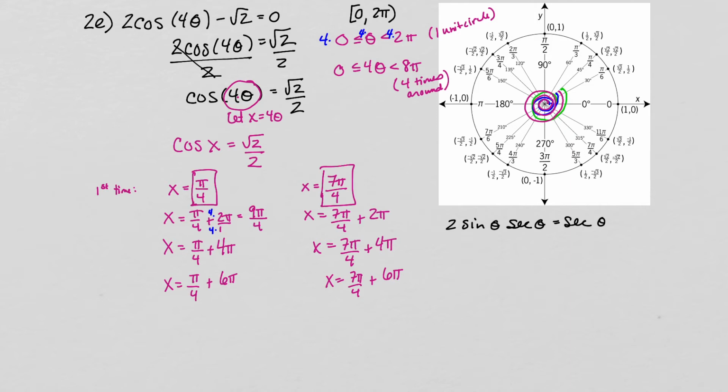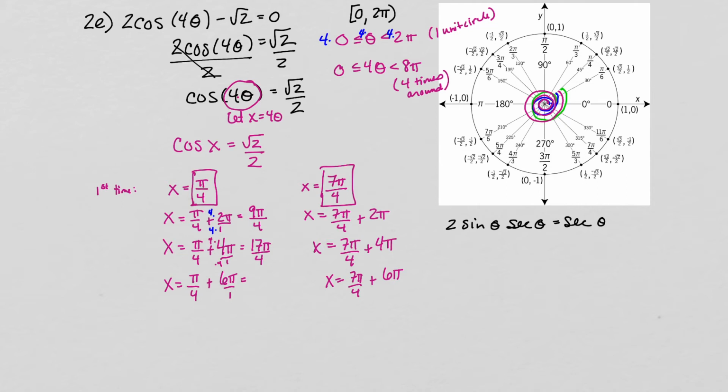And if you work out these other ones, you would get 17 pi over 4. I got the 17 pi over 4 by saying this is over 1, so times 4 on the bottom, times 4 on the top, so 16 plus 1, right?